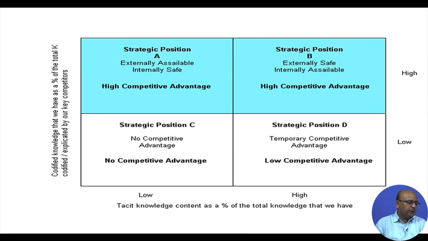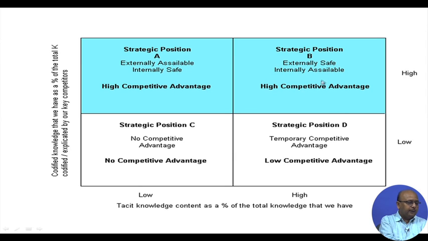if you look at these triangles, it talks about codified knowledge and this is the tacit knowledge, low to high, and this is also low to high. Now, if you look at these green shaded positions, that is strategic position A and strategic position B, here you have competitive advantage because you are high on either your tacit knowledge or codified knowledge.